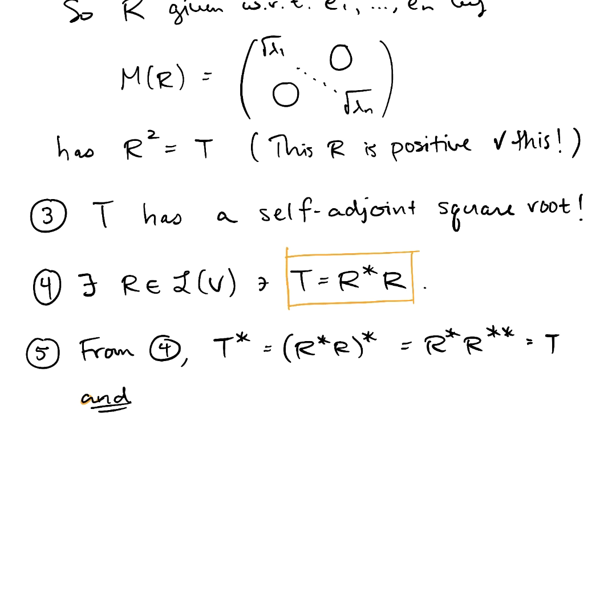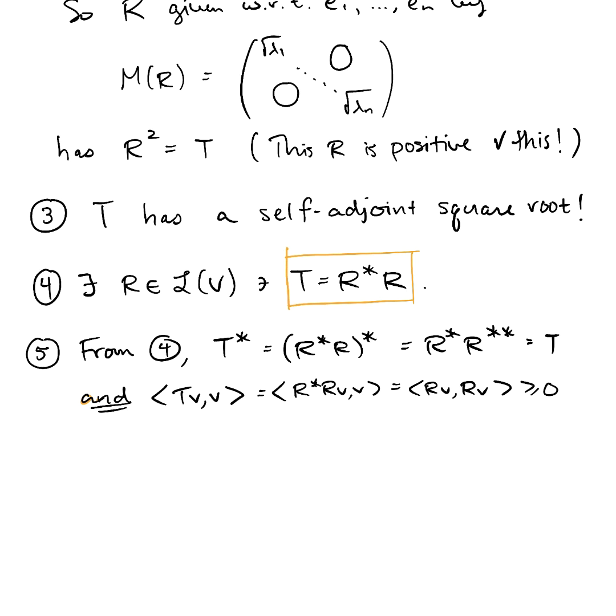And not only that, check this out. TV inner product V. Okay, well, T can be written as R star R. And then by definition of adjoint, that's RV inner product RV. And that's bigger than or equal to 0, just in any inner product space.